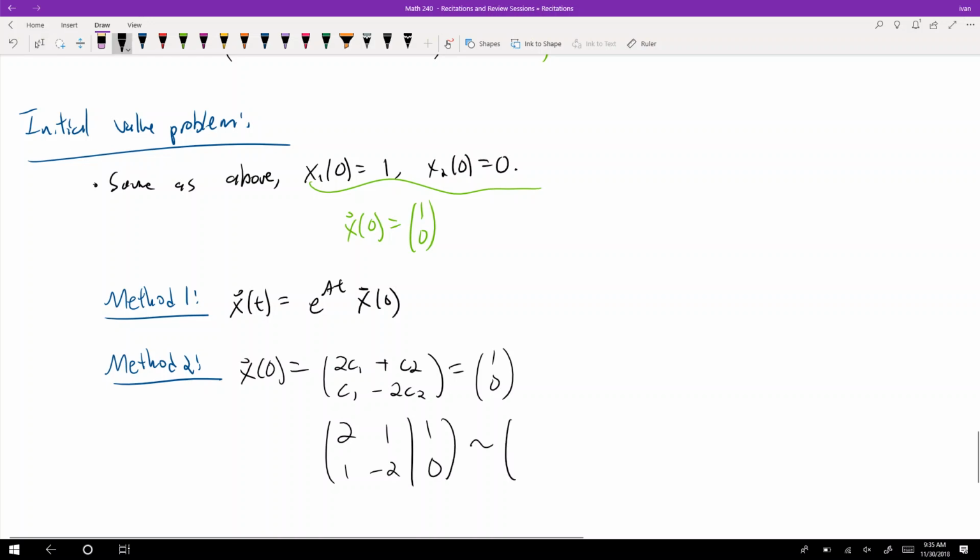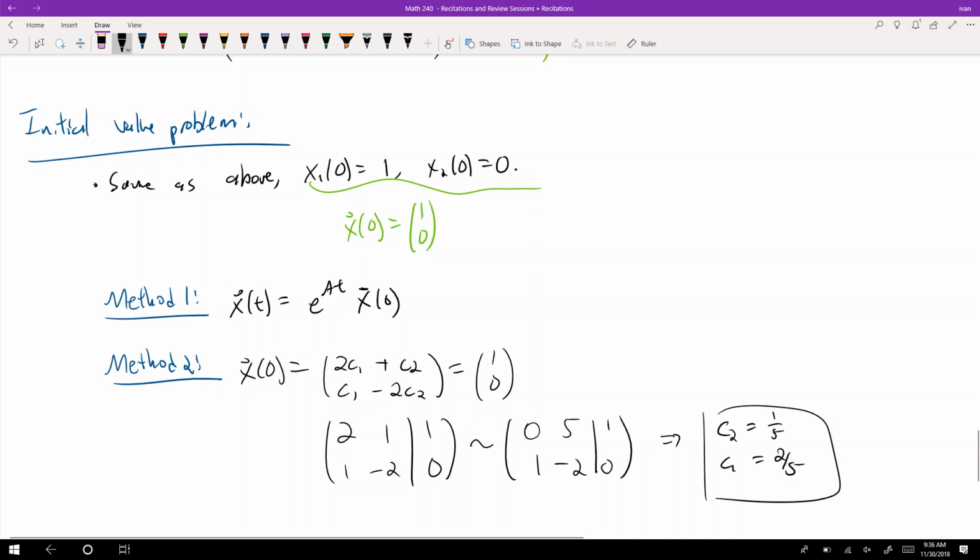And then we're going to do some weird reducing. I'm going to reduce the top guy to 0. Doesn't matter. So you'll get 0, 5, 1, and then 1, negative 2, 0. So c2 is equal to 1/5, and c1 from the bottom you'll get is equal to 2/5.